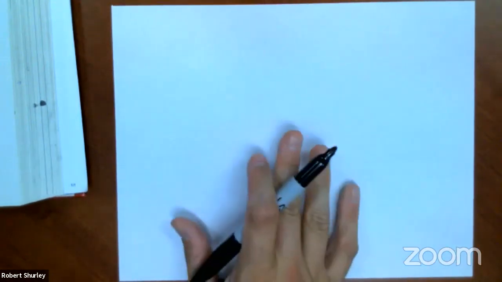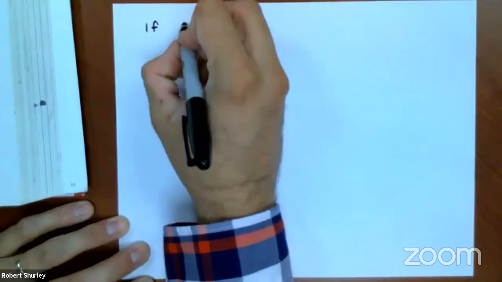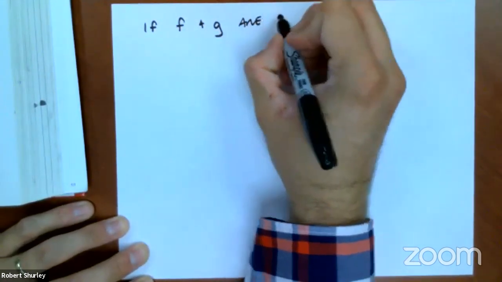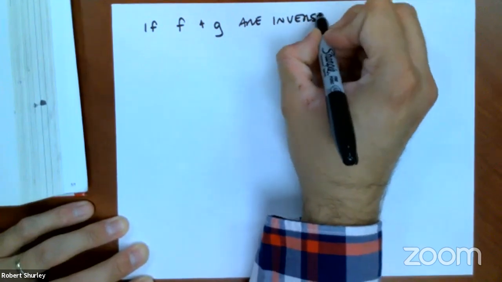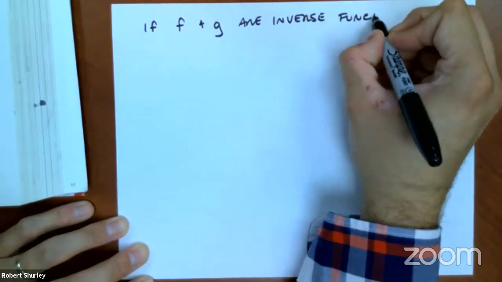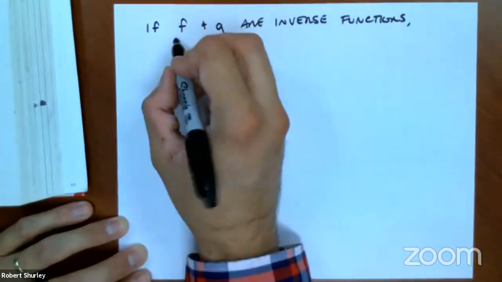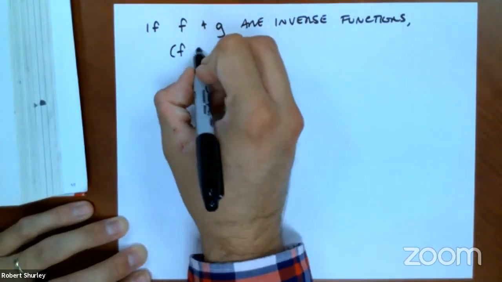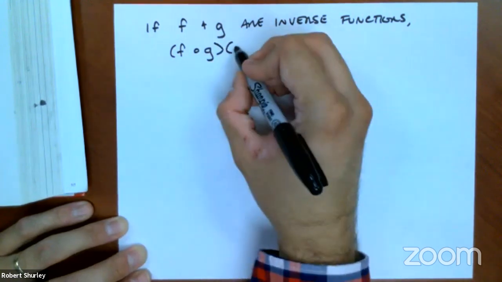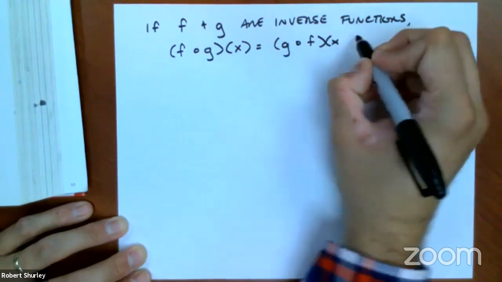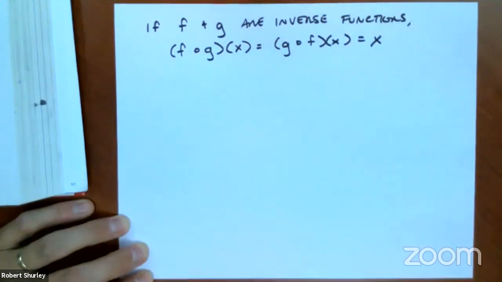So first off, let's introduce it equationally. What's kind of neat is, if f and g are inverse functions, it turns out f composed of g of x equals g composed of f of x, which just equals x.